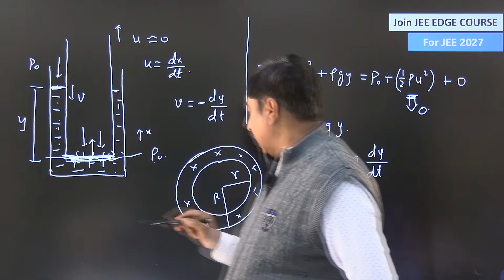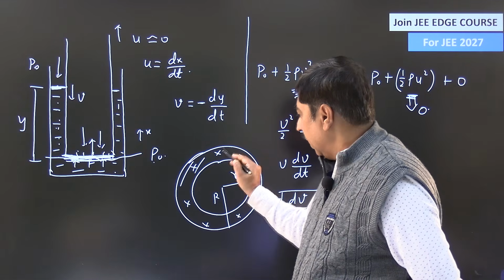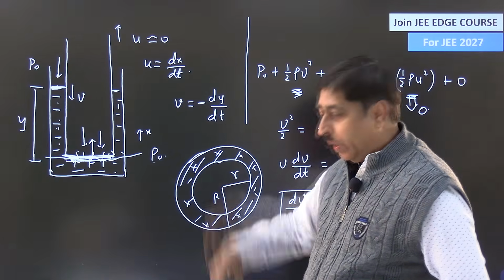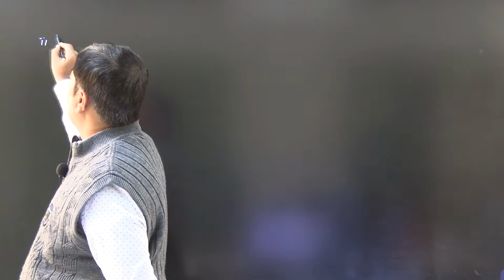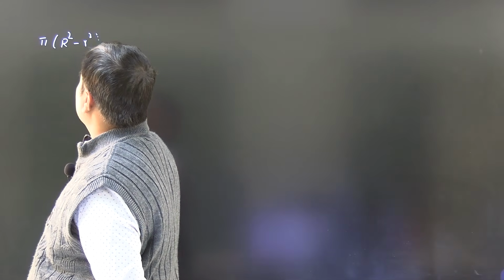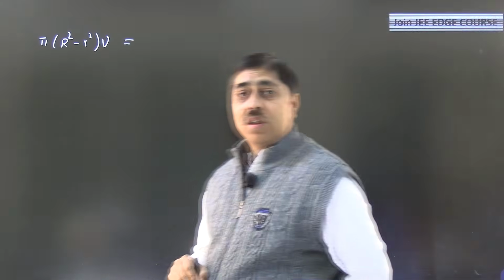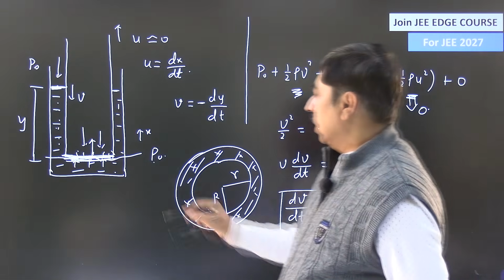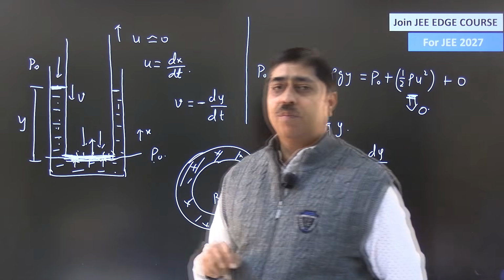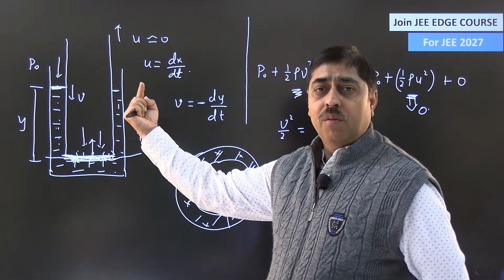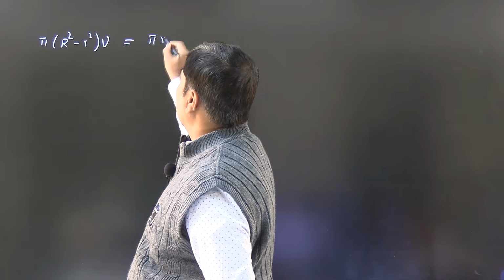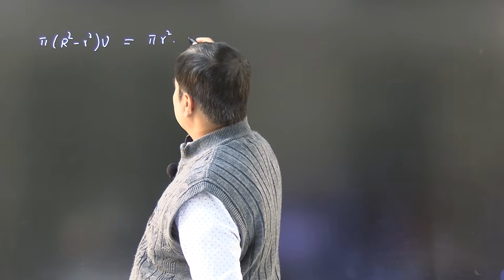So A1 V1, when I say this is A, this is the area of cross section into speed v. So I can write pi R square minus r square into v, A1 V1 is equal to A2 V2. What is A2 V2? In this case, this is A2, pi small r square, V2 means u. So pi small r square into u.